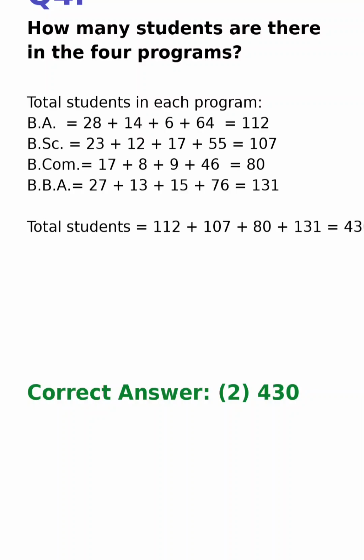For BBA, 27 plus 13 plus 15 plus 76 equals 131. Now we add all programs together. 112 plus 107 plus 80 plus 131 equals 430. So the correct answer is option 2, 430.